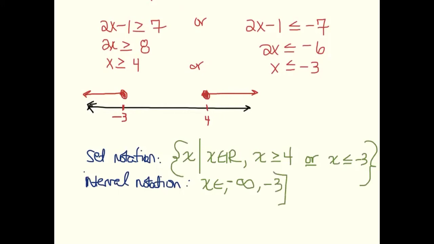Negative 3 will be bracketed, and negative infinity gets a parenthesis because you can never have a bracket on infinity. Union, and then bracket 4, comma, positive infinity. Parenthesis, because once again, you can never have a bracket on infinity.